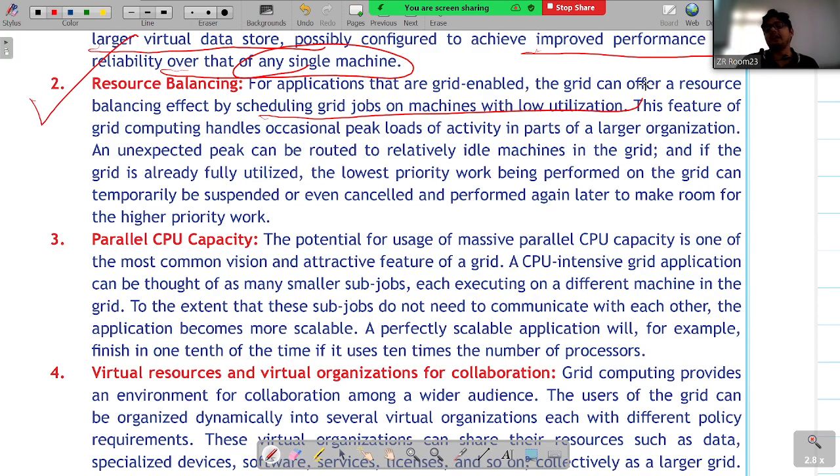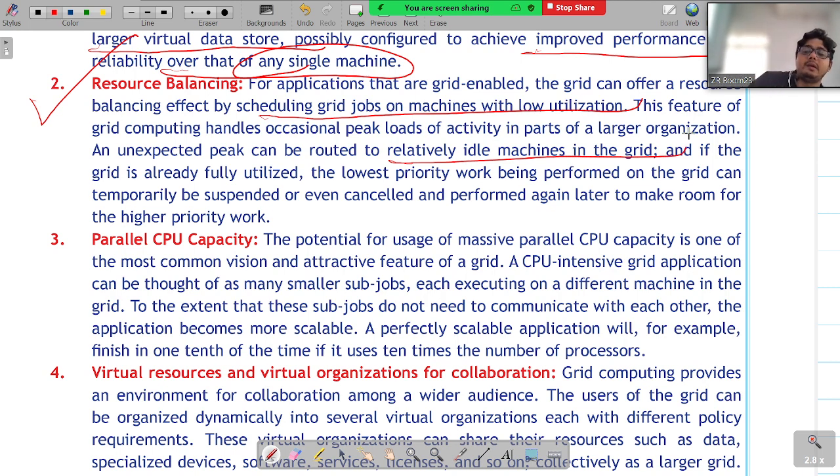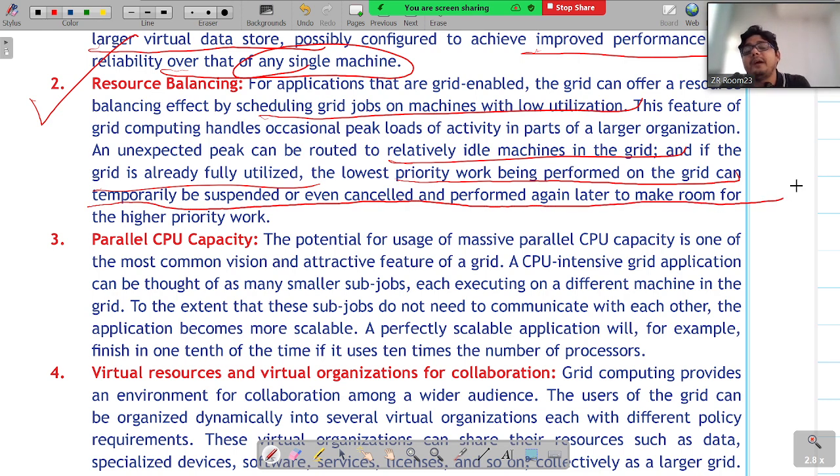These features of grid computing handle occasional peak loads of activity in a part of a larger organization. An unexpected peak can be routed to relatively idle machines in the grid, the machines which are available. If the grid is fully utilized, the lowest priority work being performed on the grid can be temporarily suspended or even cancelled and performed again later to make room for higher priority work.